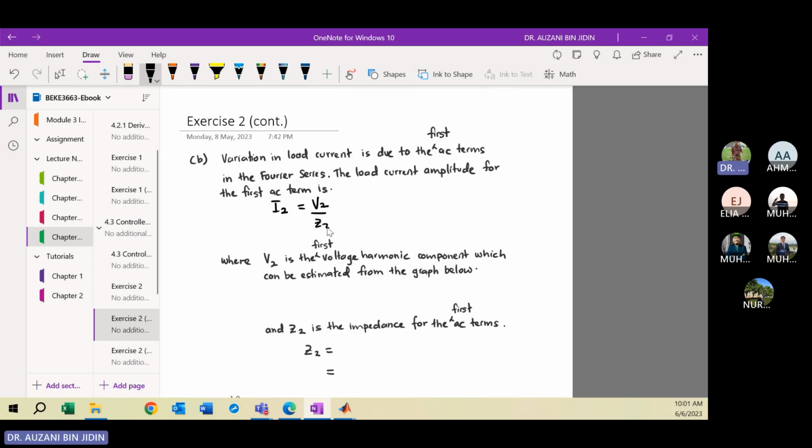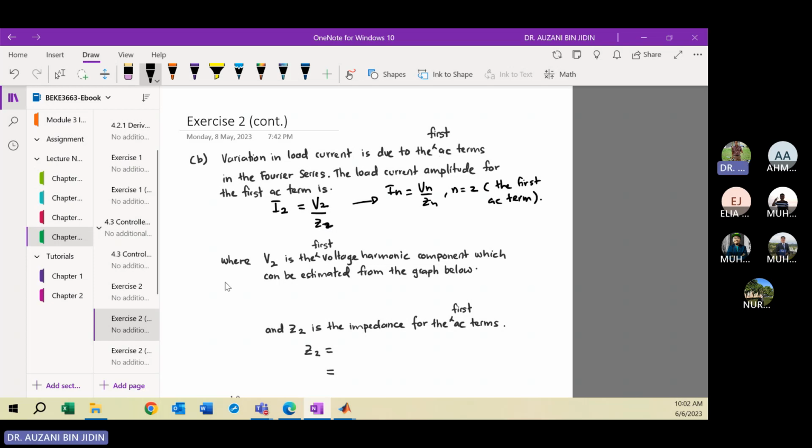You can obtain this equation from the general equation, which is In equals Vn divided by Zn. In this case n will be equal to 2, the first harmonic component or the first AC term.